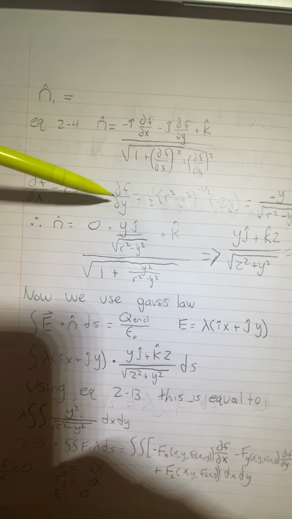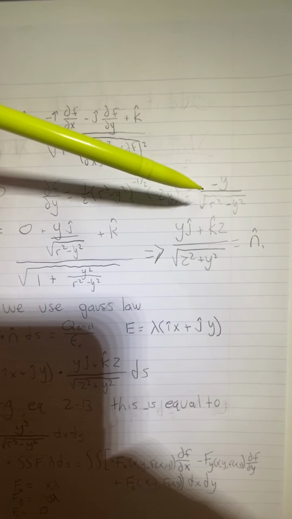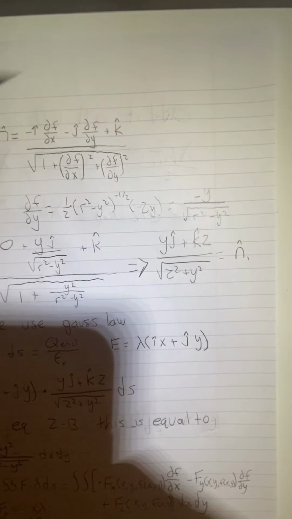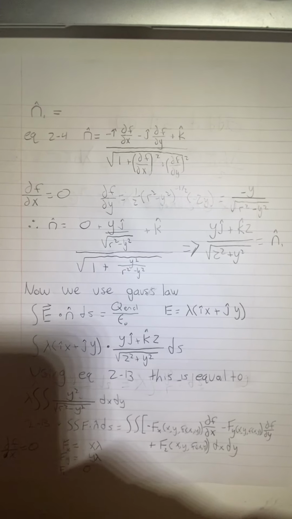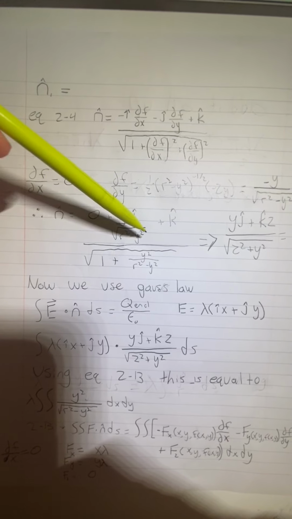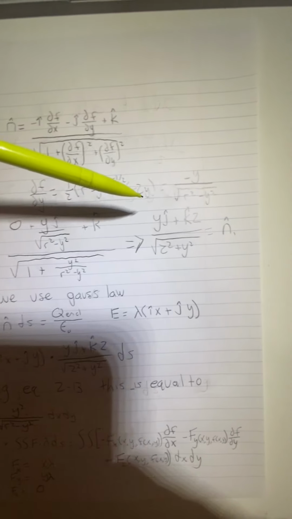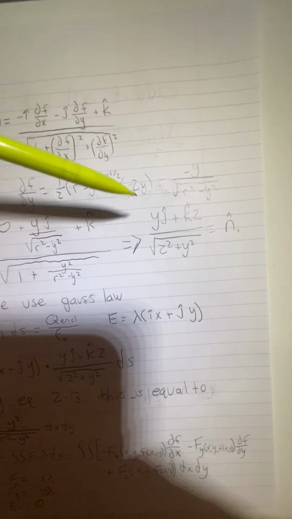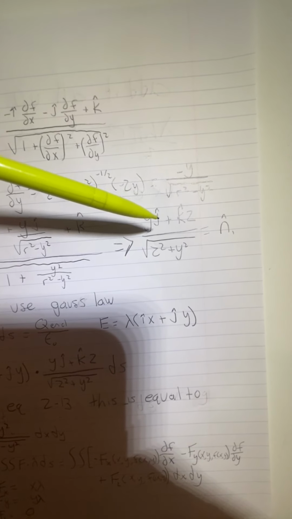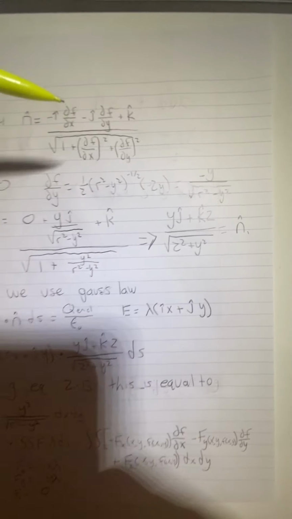Then the derivative with respect to y, you can solve that out and you get negative y over the square root of r squared minus y squared. Plugging those values back into this equation, and then through some simplification, you get that n hat for the first surface is (y j hat plus k hat z) over the square root of z squared plus y squared.